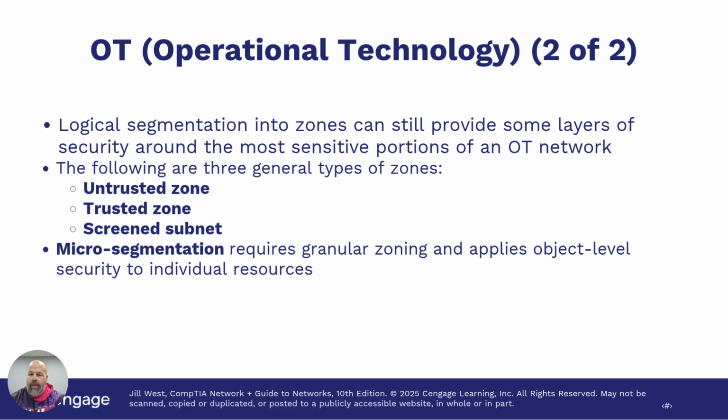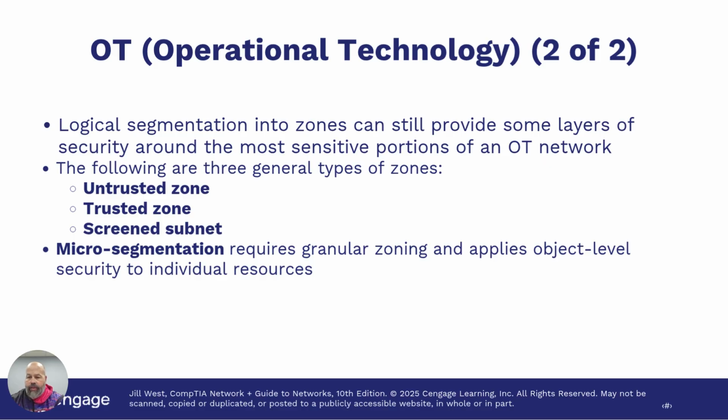And even if we can't completely isolate OT anymore, we can still use logical segmentation, and we can put those into zones. Think of it like security checkpoints at an airport. There's the untrusted zone, which is like the wild, wild west of the internet. There's the trusted zone, and that's your secure internal network.